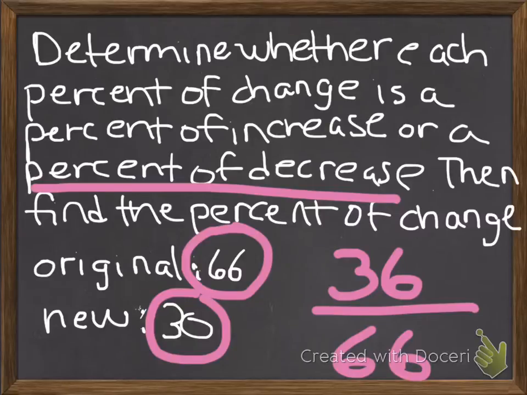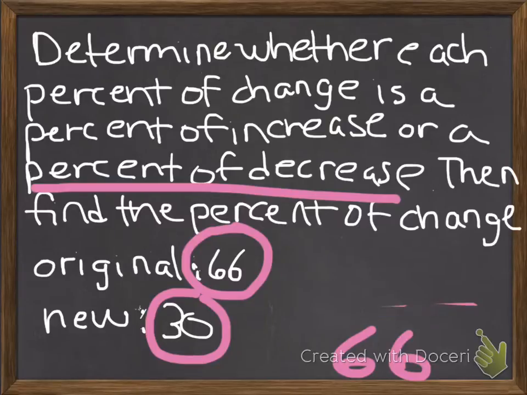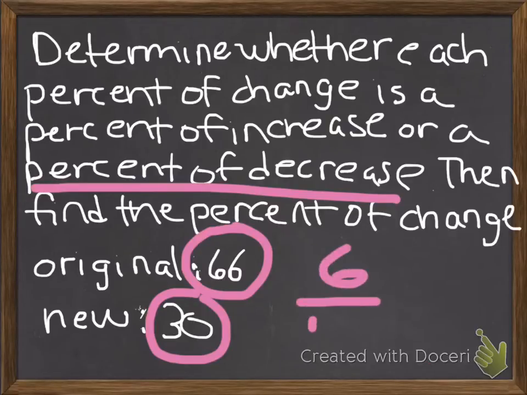Now, since we are changing this to a percent, it is not that important to simplify, but if it helps you to get a smaller number to work with, that's fine also. So if you wanted to simplify here, you could divide both by 6, and you could get 6 over 11. You don't have to simplify, and if you didn't simplify, you wouldn't get the answer incorrect, but I'm going to show you that you could also get 6 over 11.